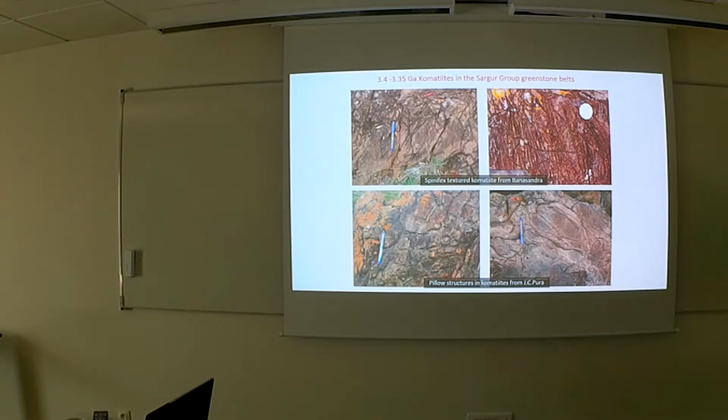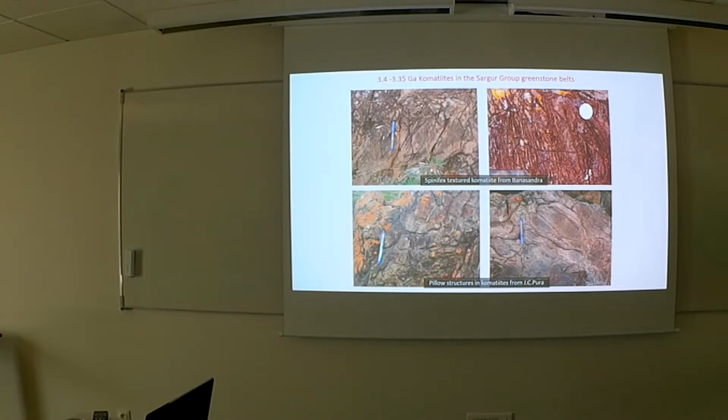This is Sargur, and as you can see, these are spinifex textured komatiites. They are very well preserved here. And we also have the Al-depleted komatiites. These komatiites are characterized by very high MgO, 29 to 43% in general. Only a few samples show less than 29.8% MgO.